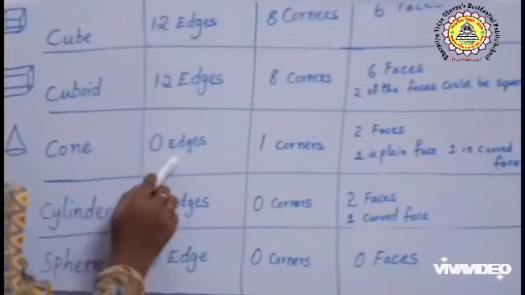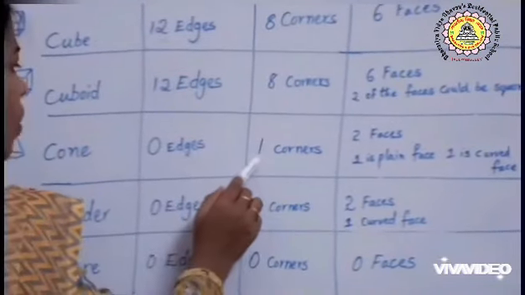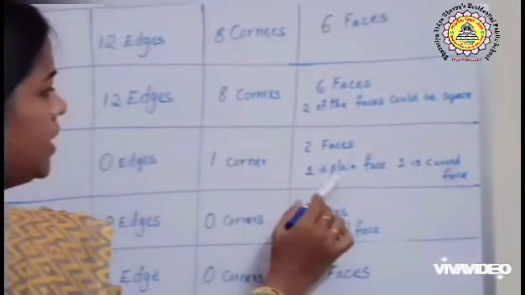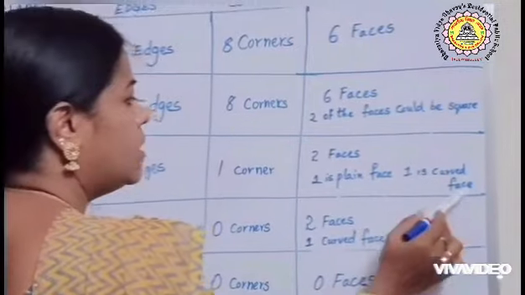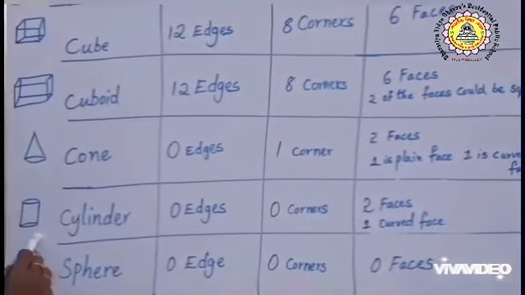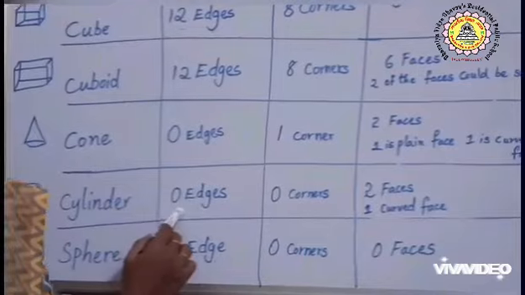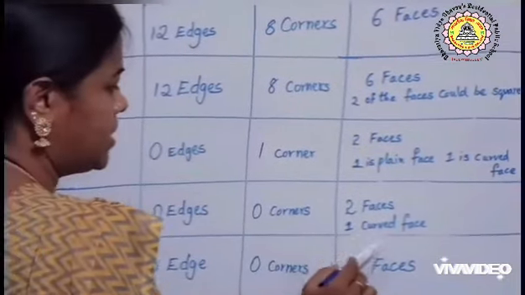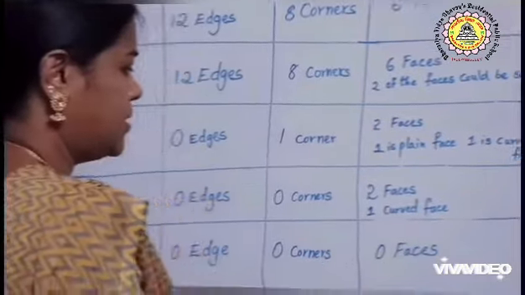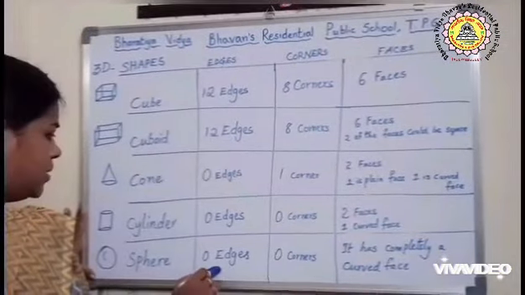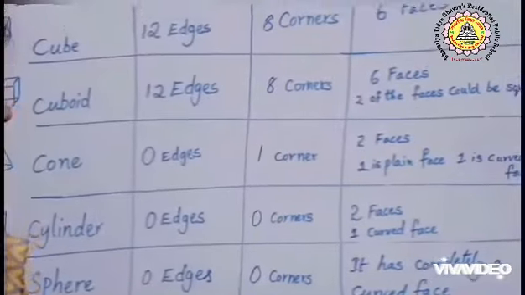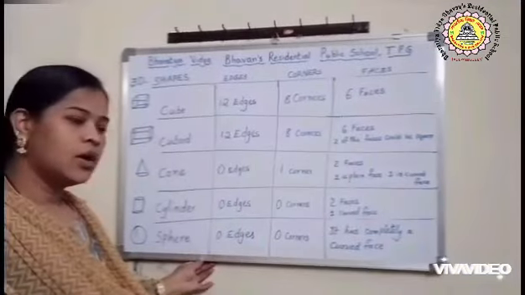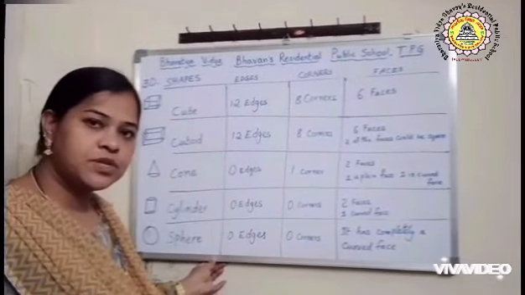A cone has 0 edges and 1 corner and 2 faces. One is plain face and one is curved face. A cylinder. A cylinder has 0 edges, 0 corners and it has 2 faces. One curved face. Here it has 0 edges, 0 corners. It has completely a curved face. Have you understood about the shapes, children?